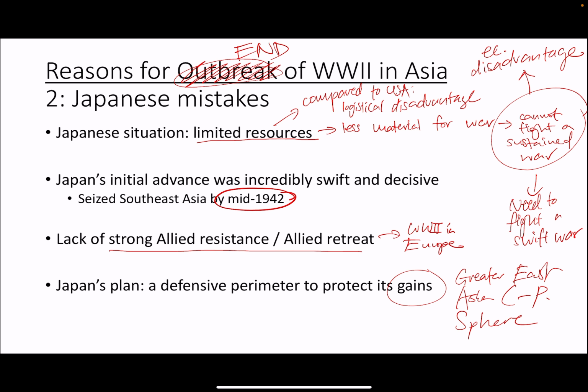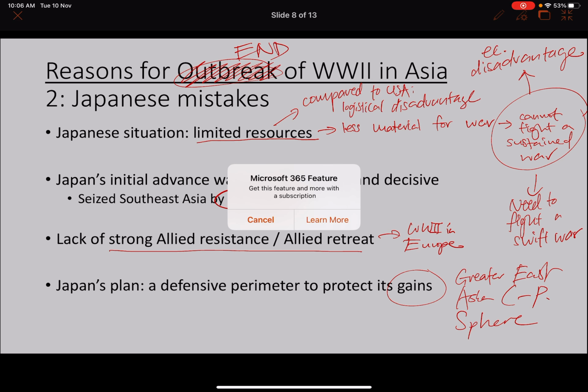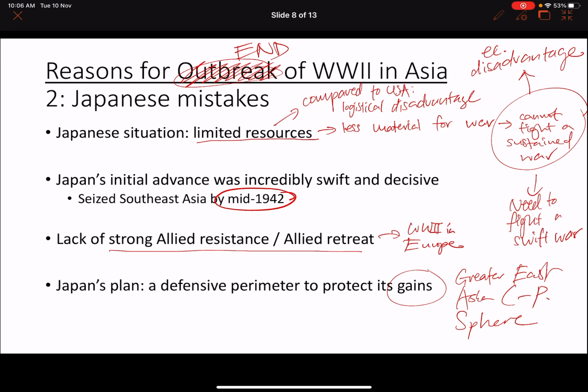Let me show you, let me draw. If this is your perimeter, what Japan wants to do is to set up defenses so that nothing can come in. Basically, they want to defend this area. So that's the situation so far.